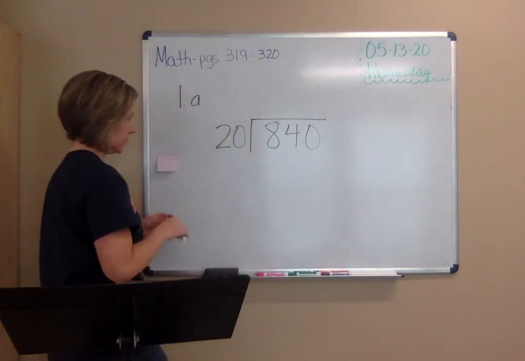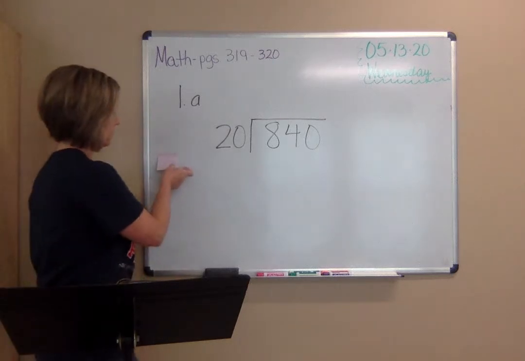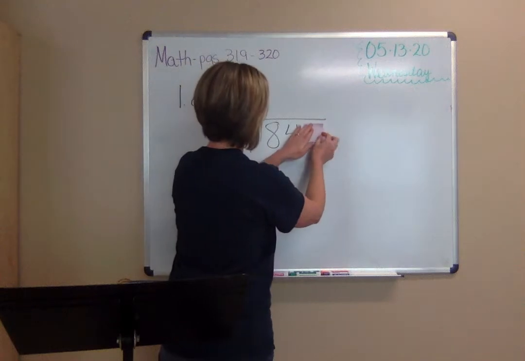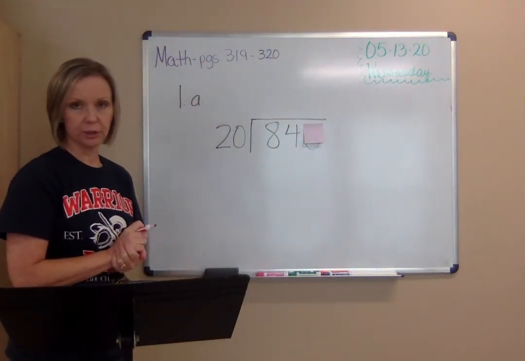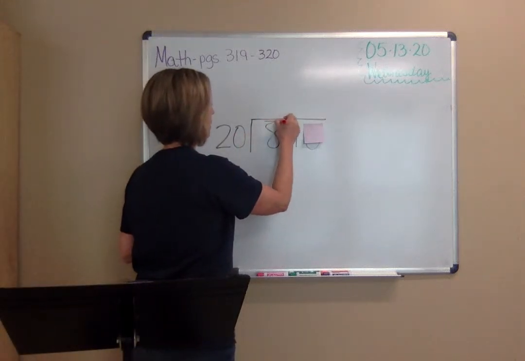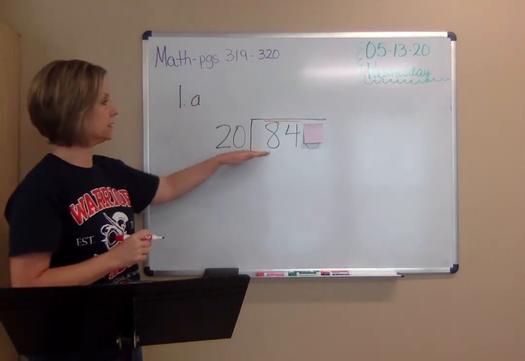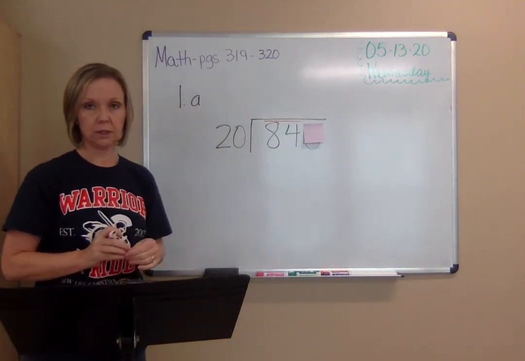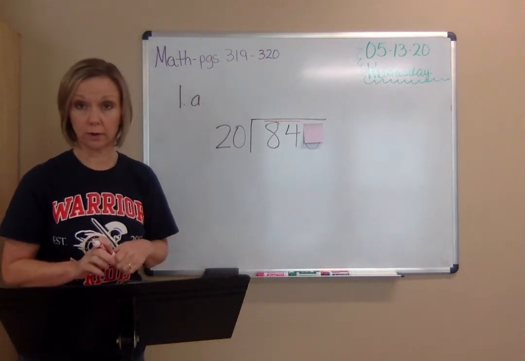So I'm going to do just like I did before. I'm going to cover up my 0, just so I can narrow down in my head how many numbers I'm looking at. I want to use this whole number of 84 because you cannot divide 8 by 20. 8 cupcakes by 20 people will not work.